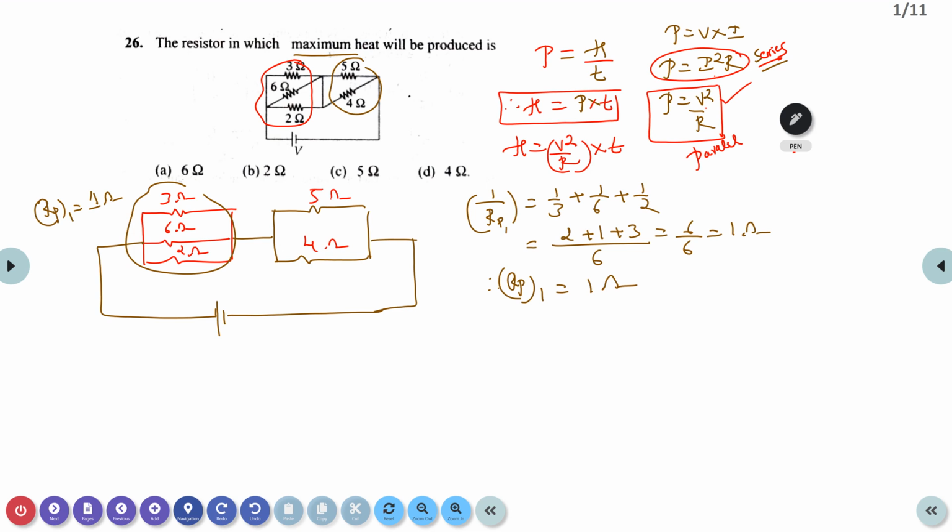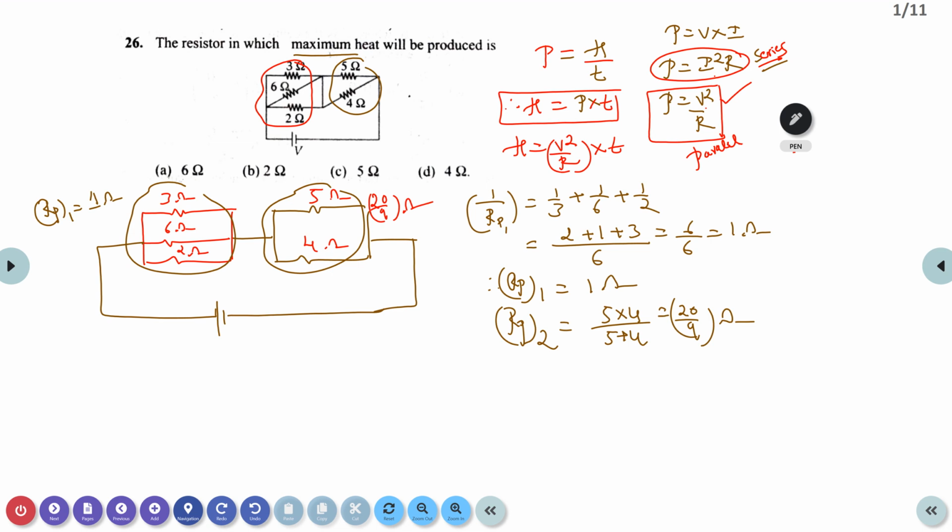Next, what about this part here? This part is Rp2, and you know the formula: R1 into R2 divided by R1 plus R2. 5 into 4 divided by 5 plus 4 equals 20 by 9 ohm. So this value is 20 by 9 ohm.